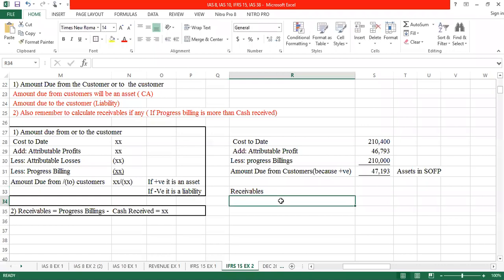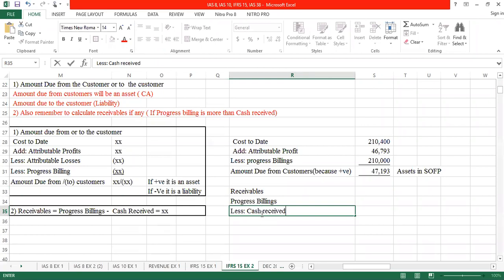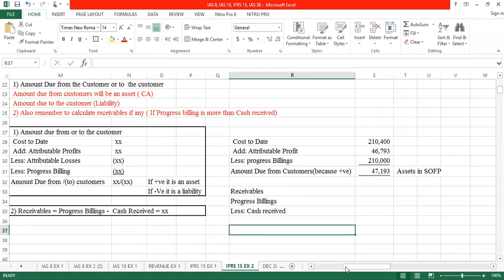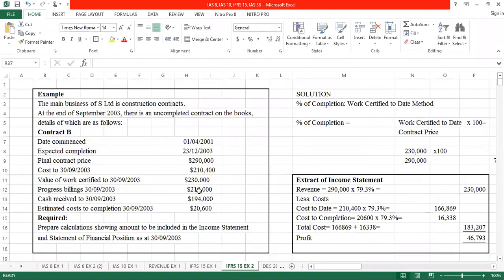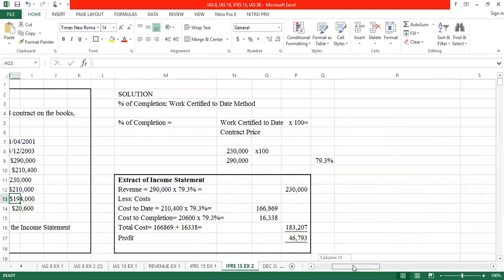Next, receivables. We compare progress billings less cash received. Our progress billings is 210 and our cash received is 194.